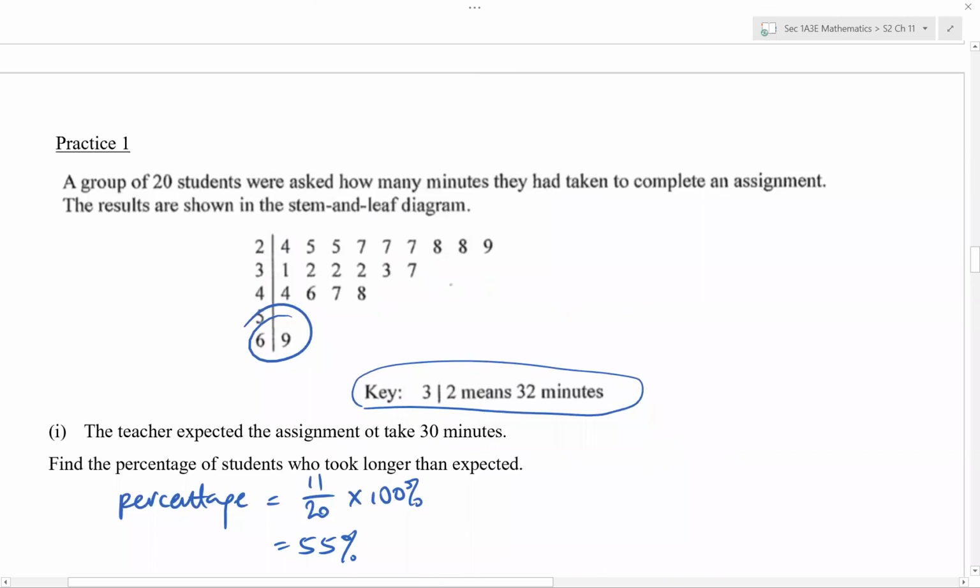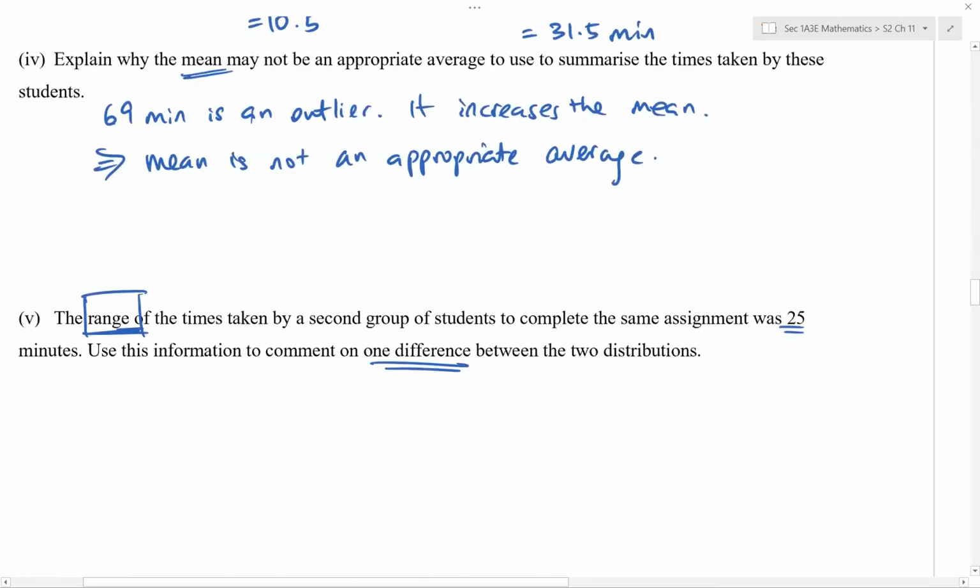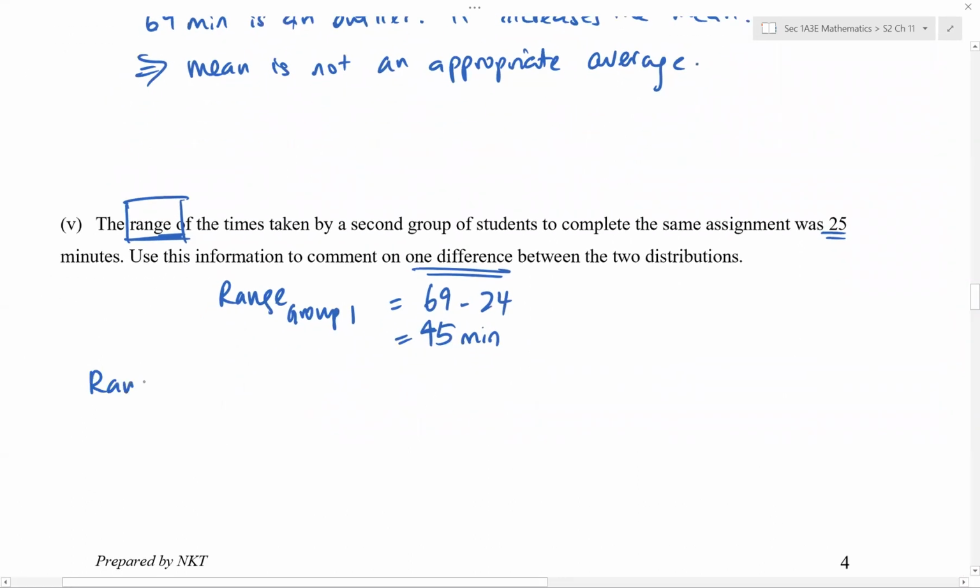So find the range for this particular group of students. We have 69 minus 24. Range, group 1, 69 minutes minus 24 minutes. We get 45 minutes. So group 1 has a range of 45, whereas group 2 has a range of 25 minutes. Range, group 2 of 25 minutes is less than the range of group 1, which is 45 minutes.